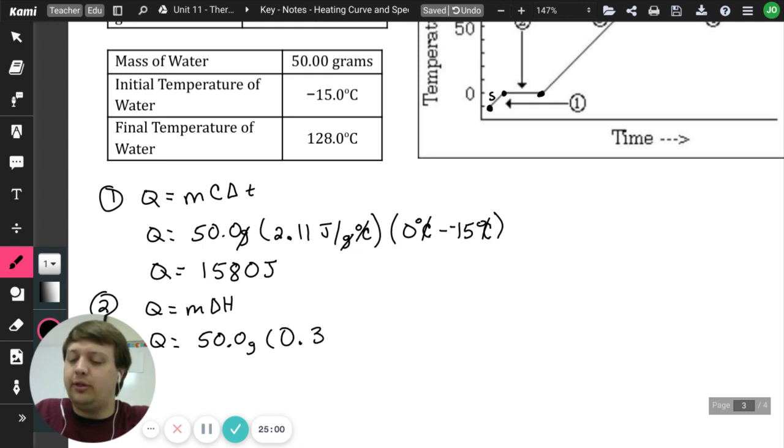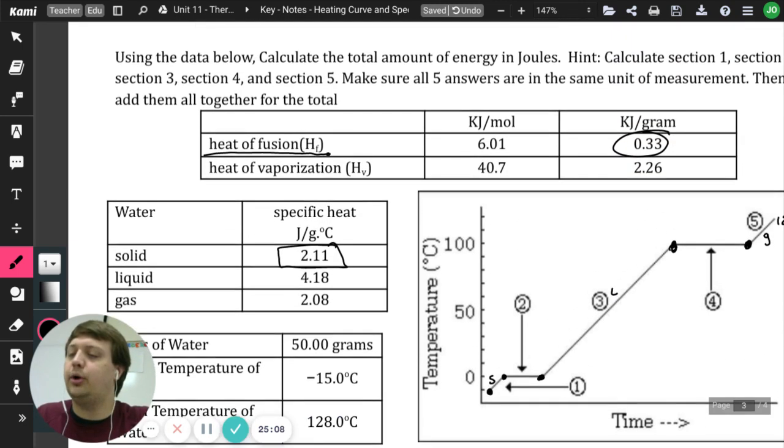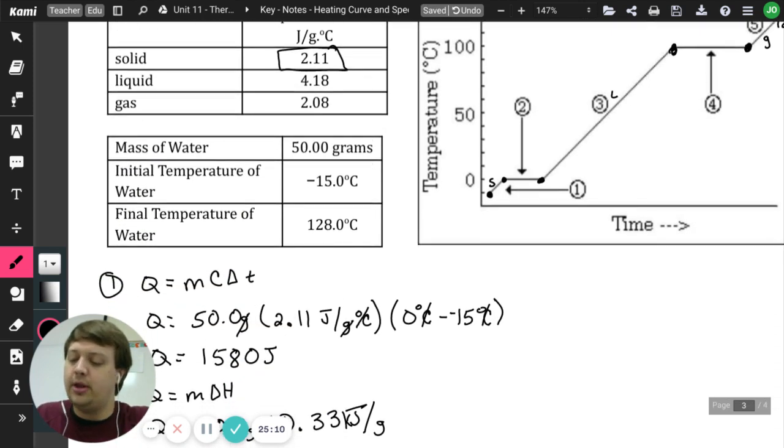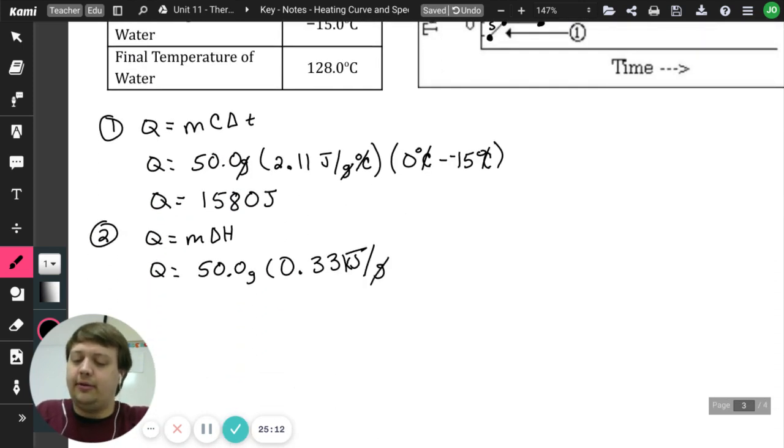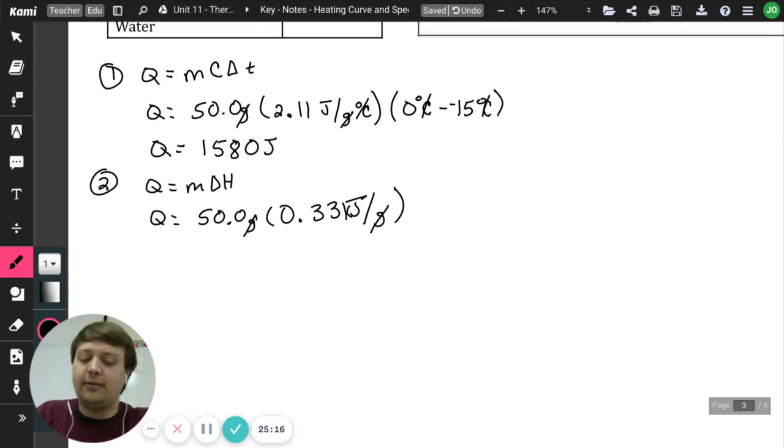So there's 0.33 kilojoules per gram. All right. Again, I cancel out those grams because I'm going to be left with kilojoules. So I plug that into my calculator and I find that my Q equals 16.5 kilojoules.